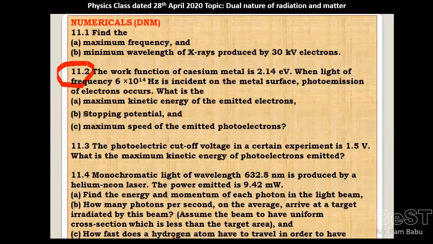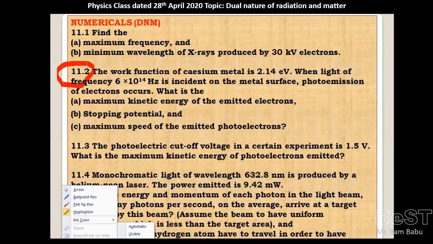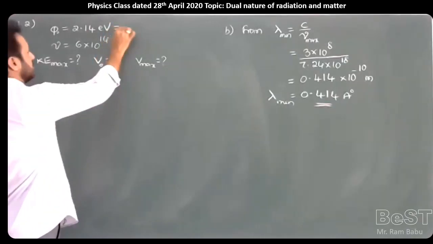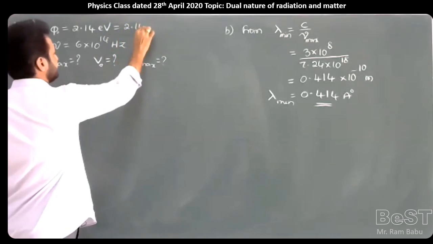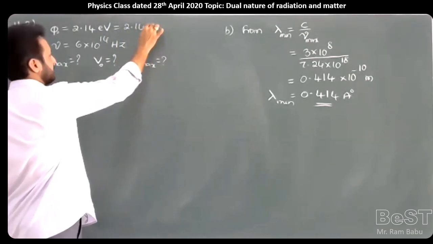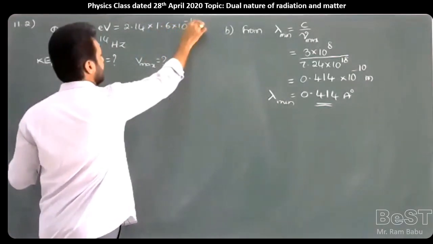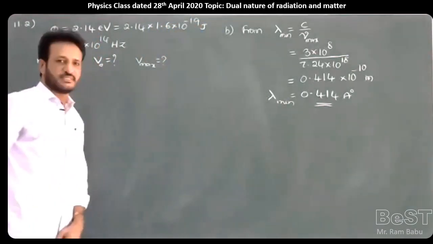Now check the given data. I'll write it first here. The work function of the given metal, we can denote with the symbol phi naught, is equal to 2.14 electron volt. If you want, we can convert into joule. That is 2.14 into 1 electron volt value, 1.6 into 10 power minus 19 joule.